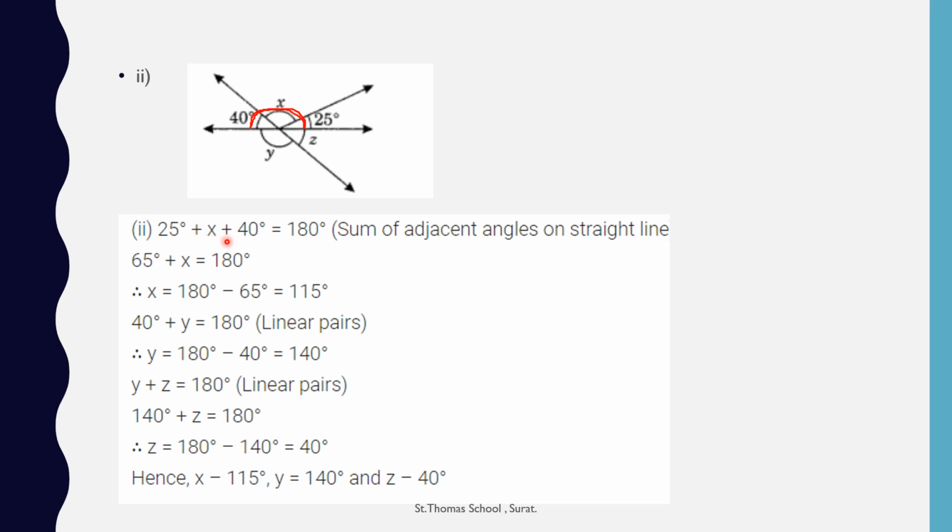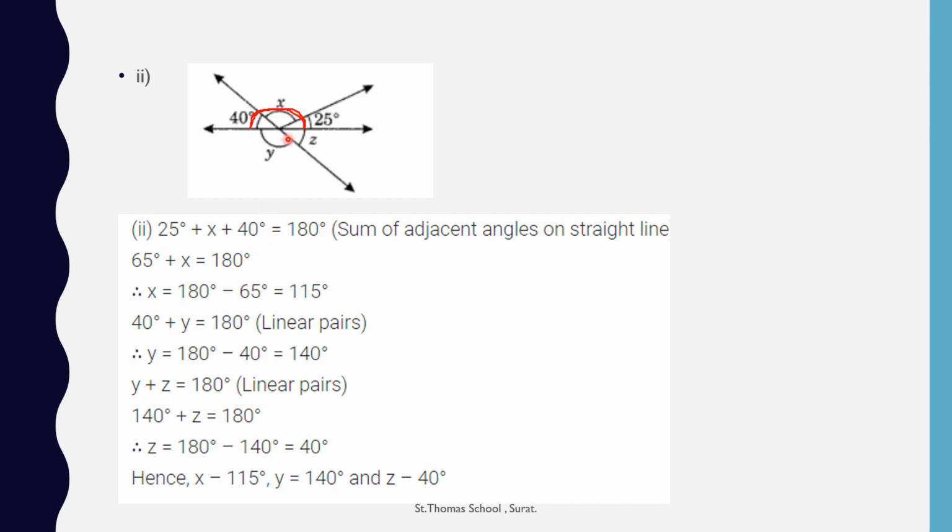25° plus x plus 40° is equal to 180°, sum of adjacent angles on a straight line. This line is straight. Now 40 plus 25, that is 65° plus x is equal to 180°. Therefore x is equal to 180° minus 65, that is 115. Then subtract and check whether this answer is correct or not.